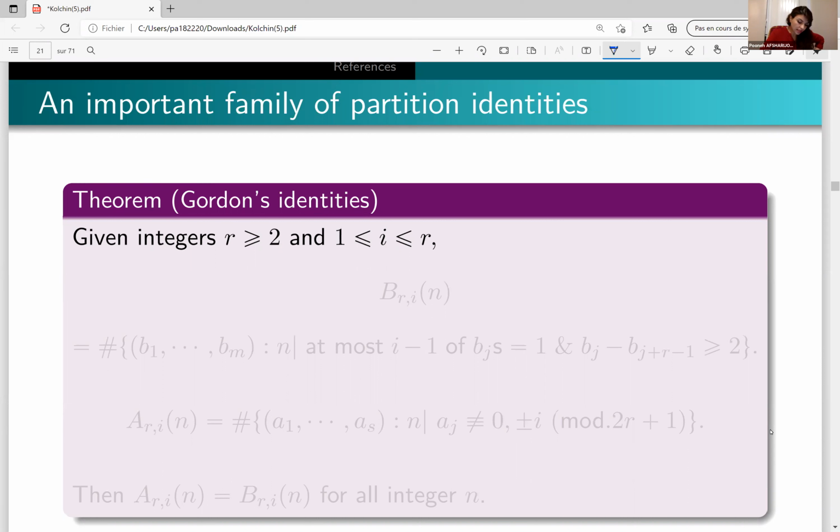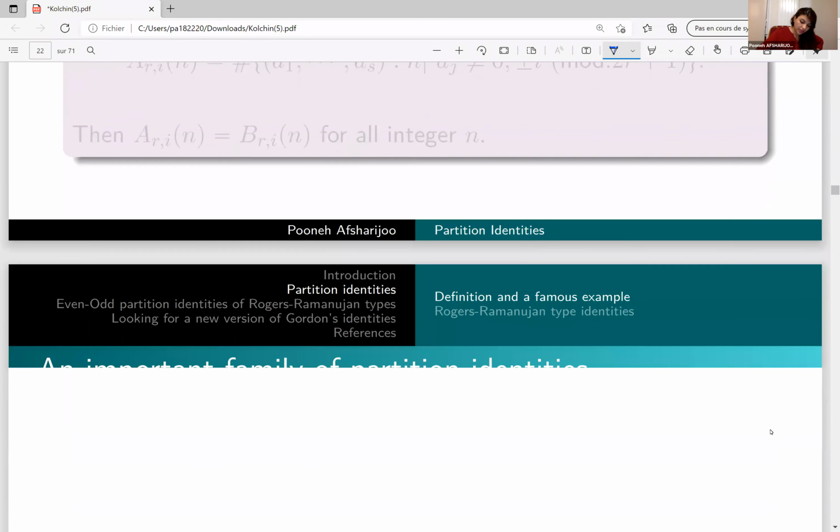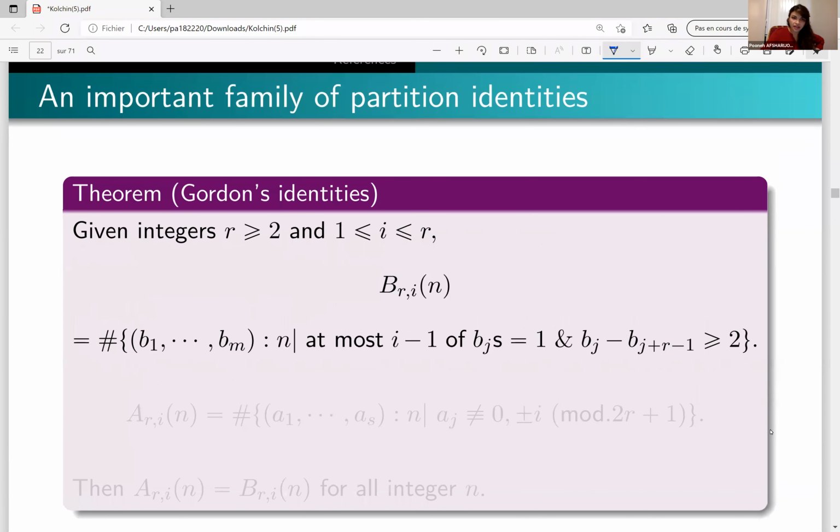The theorem says that if we take the integers r greater than or equal to 2 and i between 1 and r, we denote by B_{r,i}(n) the number of partitions of n with at most i minus 1 parts equal to 1, and such that if we take a block of r parts of our partition, the difference between the first and the last part of this block is at least equal to 2.